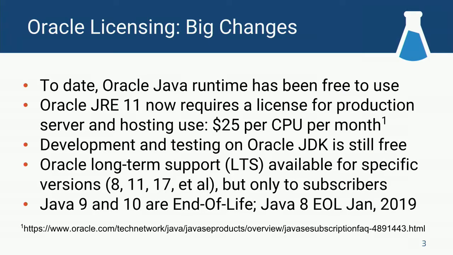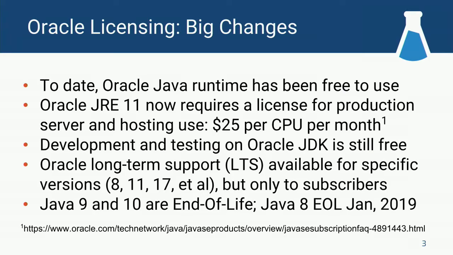That's what their subscription FAQ says, and this is the URL here for it. That subscription fee starts at $25 per CPU per month that you pay to Oracle for every single production Java runtime that you have. It gets a little cheaper in volume. If you have 10,000 of these or 1 million of these, you get a little discount.